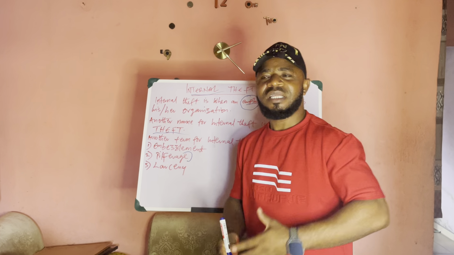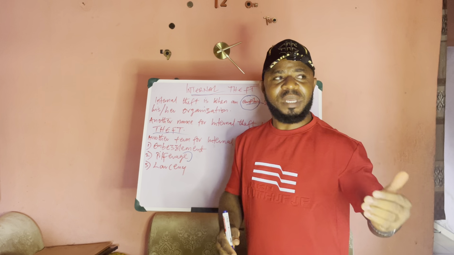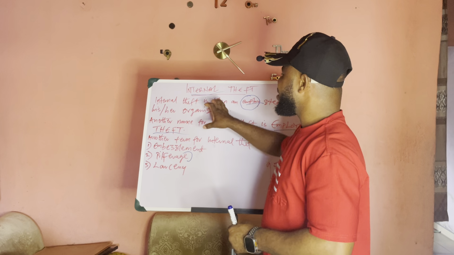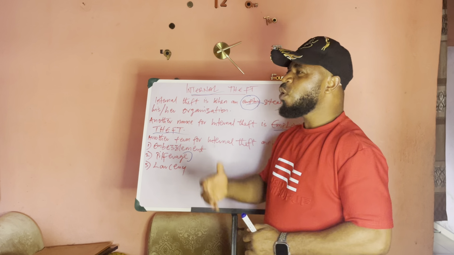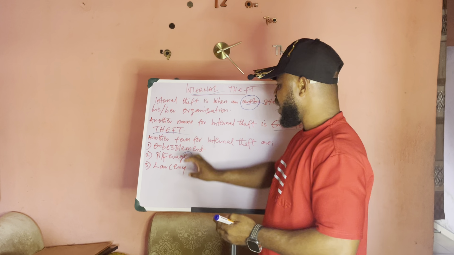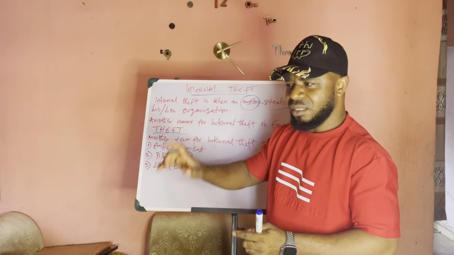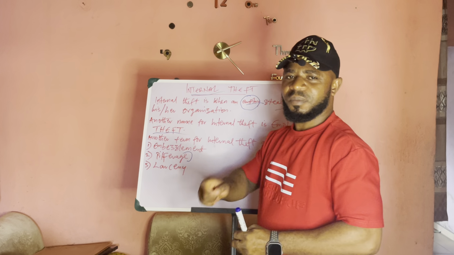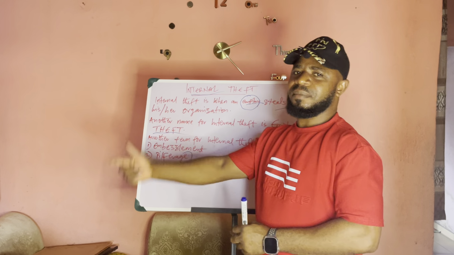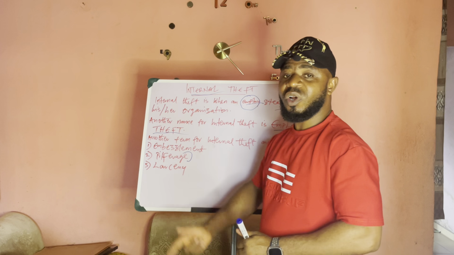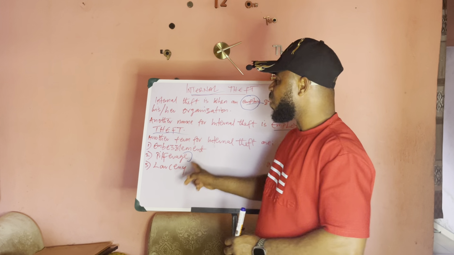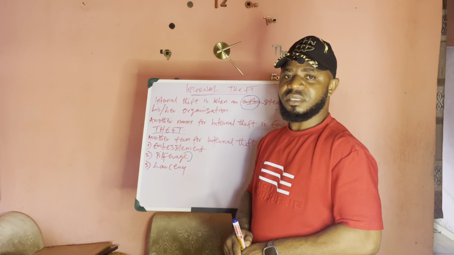A staff cannot just come in and pick a television outside the premises because he will be easily seen. So they go for things that people will not easily notice. That's pilfering. They pick gradually, small, and it continues over time. That is when the organization, and even the security operative, can notice that something has been moving out of the premises.